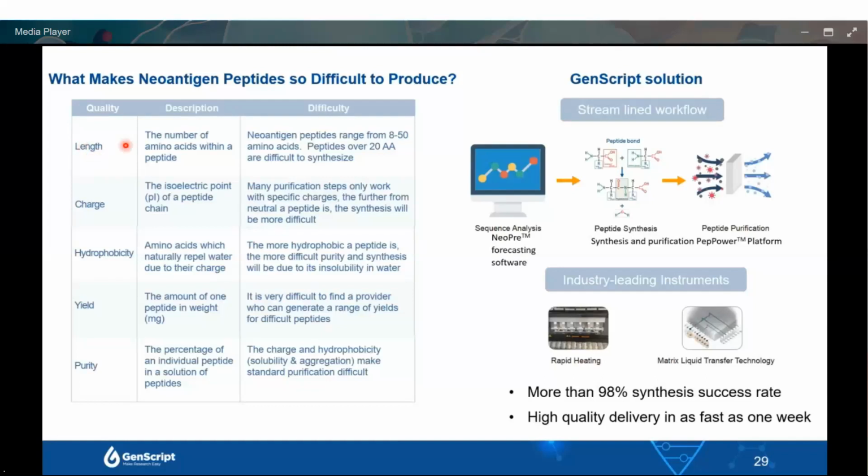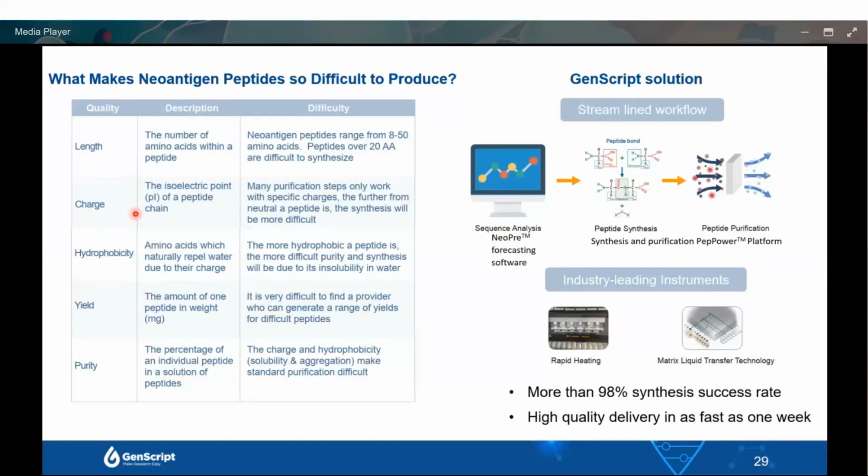One is the length. Neoantigen peptides usually range from 8 to 50 amino acids, but if a peptide is longer than 20 amino acids, it's difficult to synthesize.